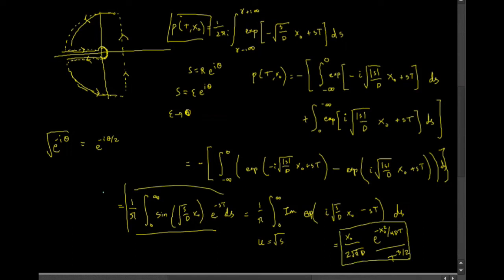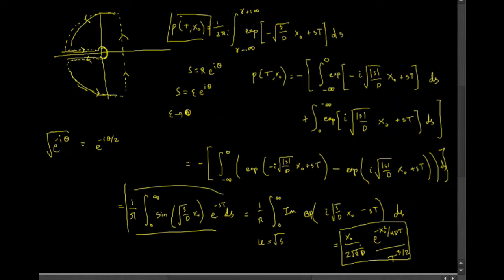So what does this mean? Well, the important thing that we wanted to know is the dependence of this probability distribution on big T. For a given x naught, this allows me to tell you what the shape of the distribution of first passage times is.